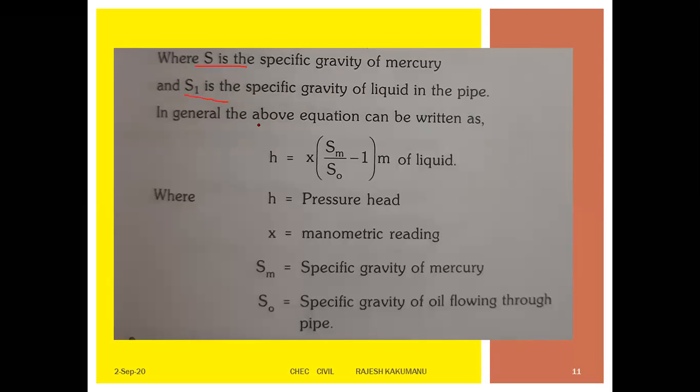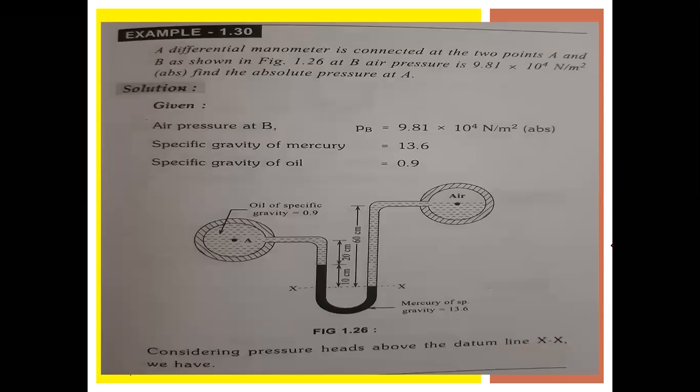In the above equation we can write H is equal to X into SM, and in the S place we put SM. Now it is X of SM by S0 minus 1 meters of liquid, where H is the pressure head, X is the manometric reading, SM is the specific gravity of mercury, S0 is the specific gravity of oil flowing through the pipe, right? So with this we can easily start the problems.